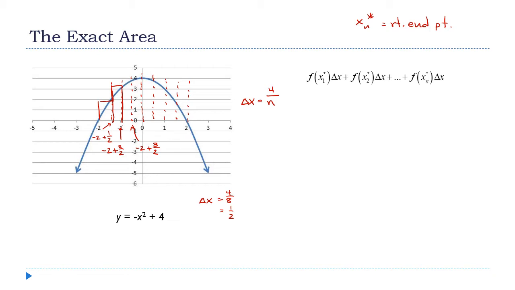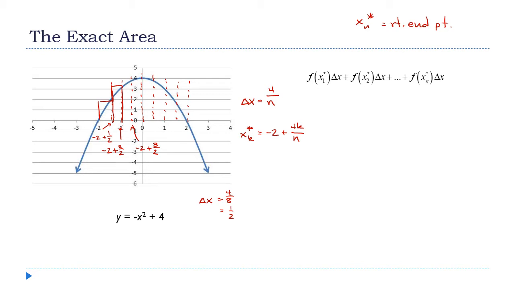This is just the number of the interval, k, times delta x. Now let's go back to doing this with n. My delta x is now 4 over n. So x star sub k is going to be -2 plus 4k over n.